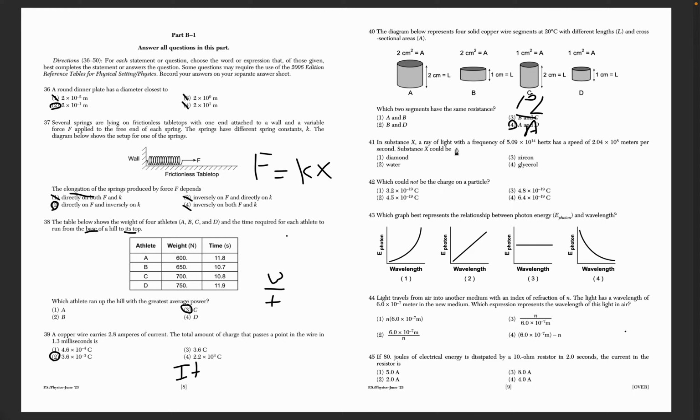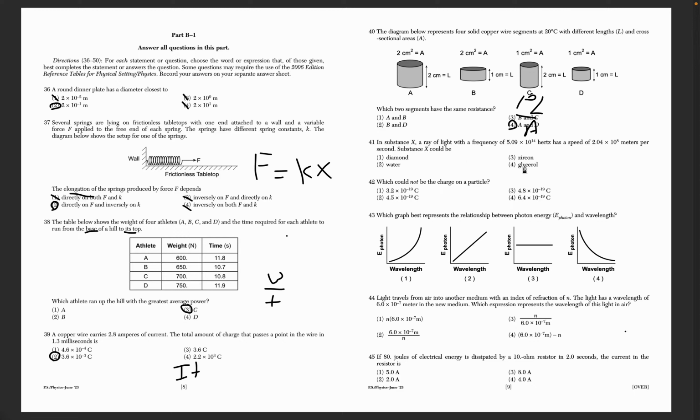In substance X, a ray of light with a frequency of 5.09 times 10 to the 14th hertz has a speed of 2.04 times 10 to the 8th meters per second. Substance X could be, so what formula? Well, we don't need the frequency, that's just to throw you off.